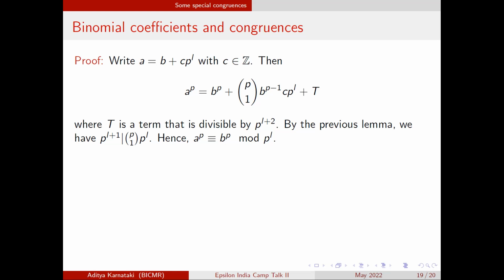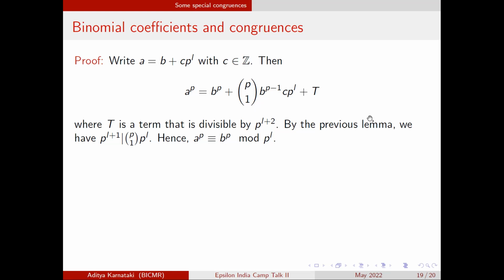And if you just write it down, because you will have p to the 2L and p and so on, right? And so if the other terms have p power L plus 2 in it, then obviously they will be divisible by p power L plus 1. It's a larger power. And so I have to only worry about these two parts.